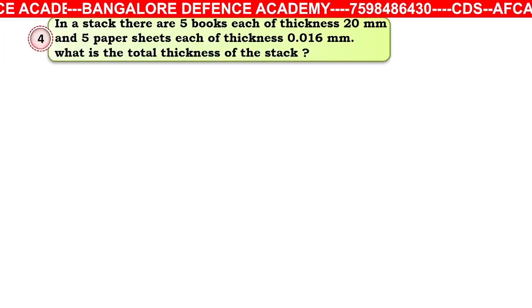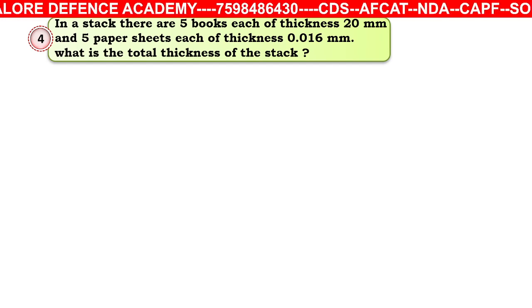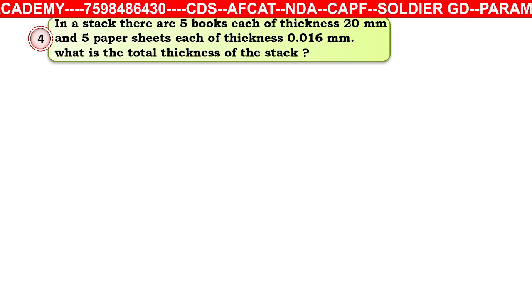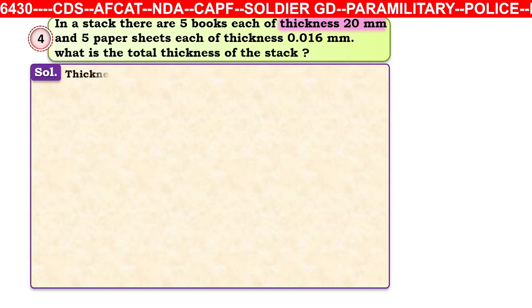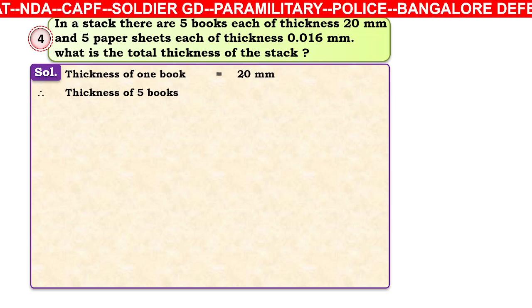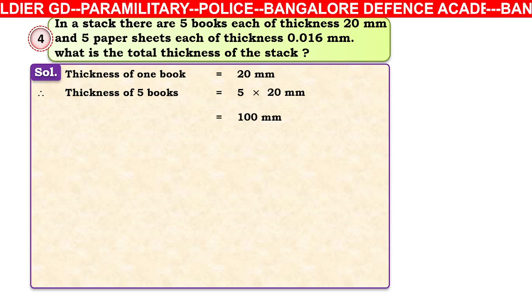Okay, fine. In a stack there are 5 books, each of thickness 20 mm, and 5 paper sheets, each of thickness 0.016 mm. What is the total thickness of the stack? Here the thickness of one book is 20 mm. So the thickness of 5 books will be 20 into 5, that gives me 100 mm.